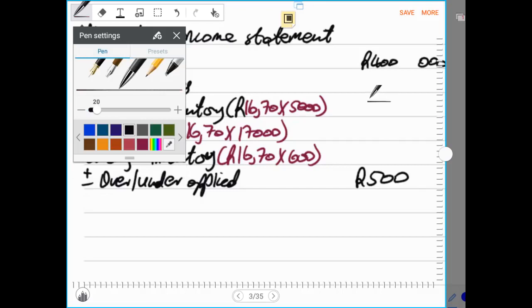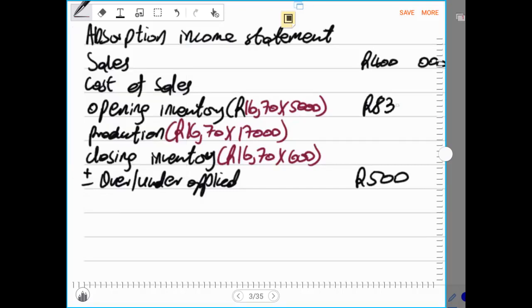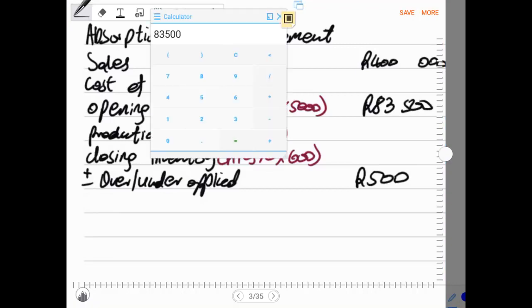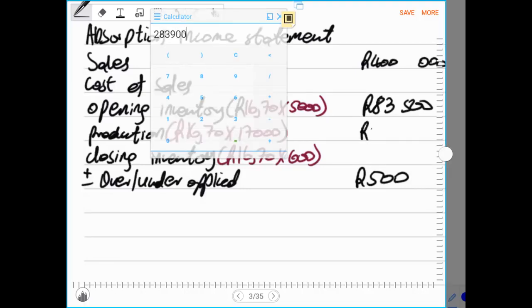Then opening is 83,500. After that we say 16.70, we multiply that by 17,000, which is 283,900.